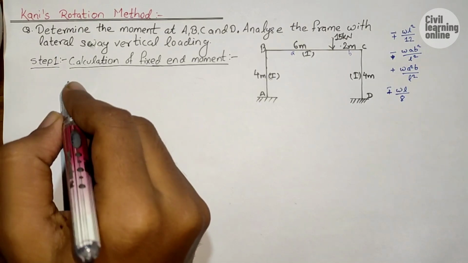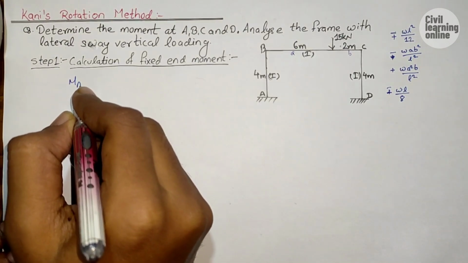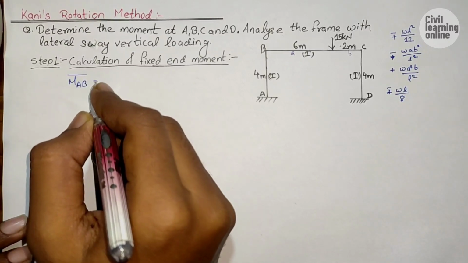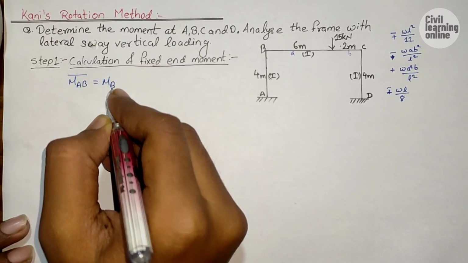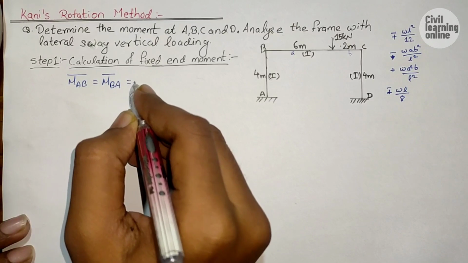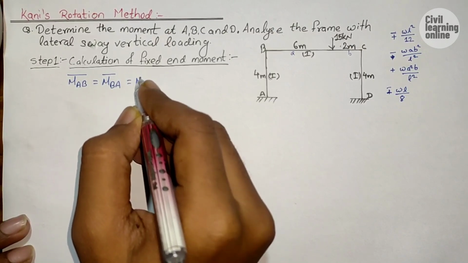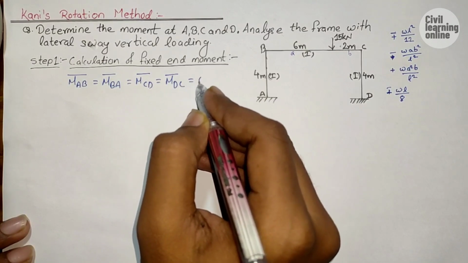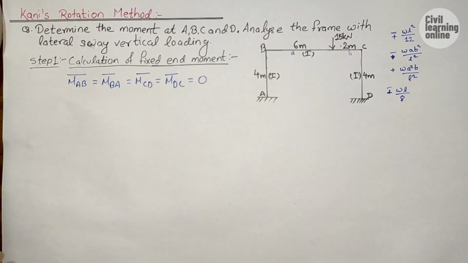So we can write here MAB equals MBA equals MCD equals MDC equals 0. Due to the absence of loading, the moment will be 0 at these points.